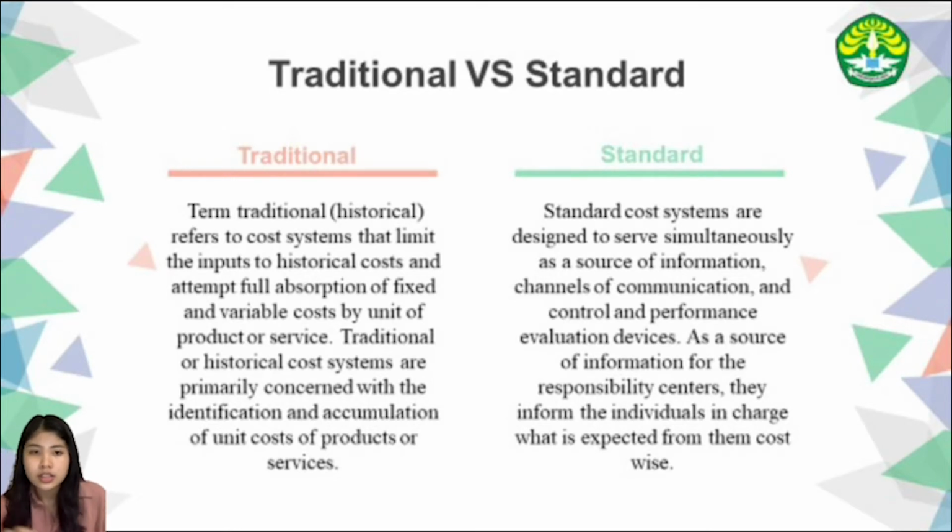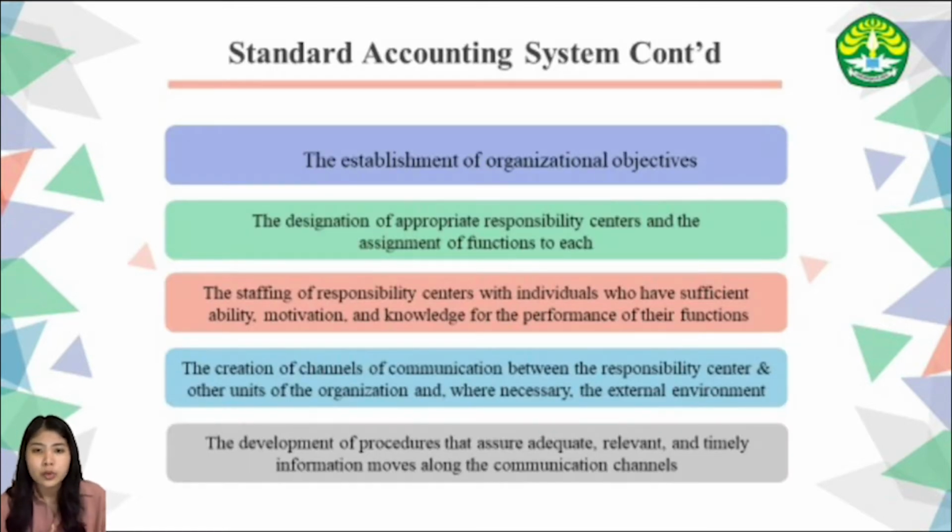Here are the control steps that we can use in developing a framework for a standard cost system. On the first step, we have to do the establishment of organizational objectives, followed by the designation of appropriate responsibility centers and the assignment of function to each, and then the staffing of responsibility centers with individuals who have sufficient ability, motivation, and knowledge for the performance of their function.